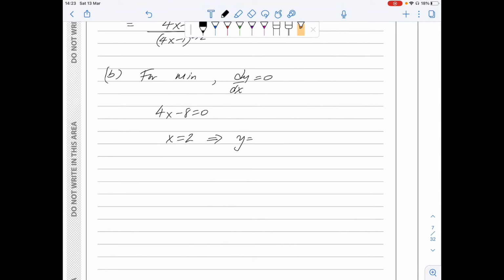This will give me a y value of (2 times 2 plus 3) over the square root of (4 times 2 minus 1), which is 7 over square root of 7. And if I rationalize the denominator, I get square root of 7. So the range is any y value f of x bigger than or equal to square root of 7.